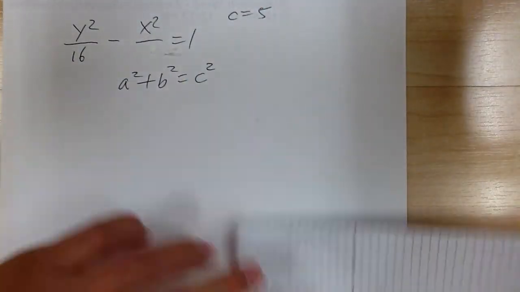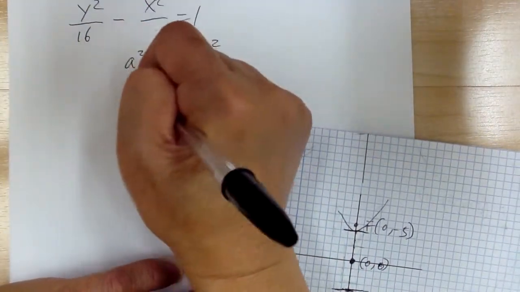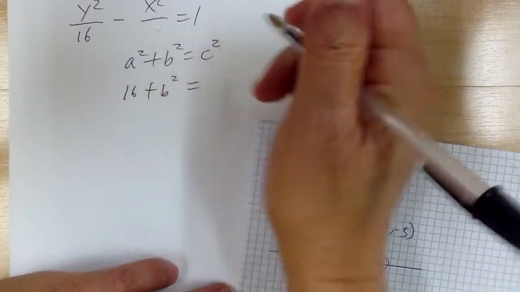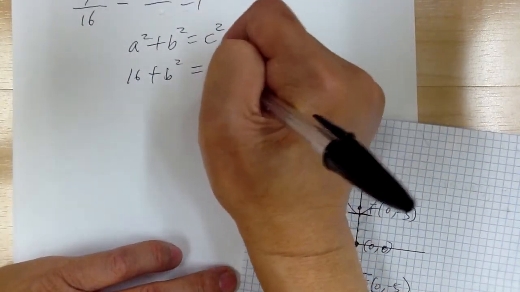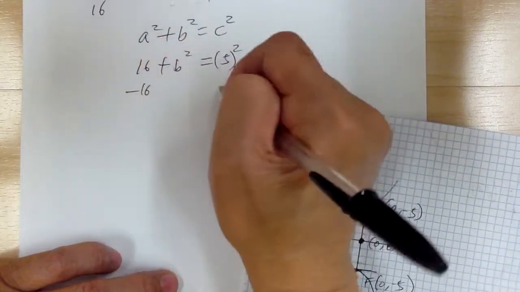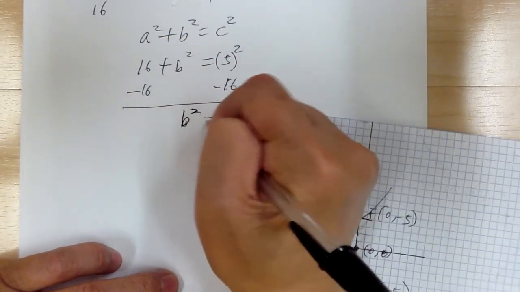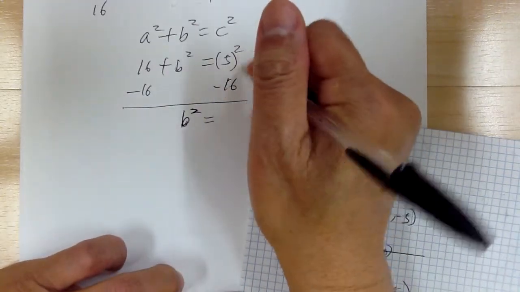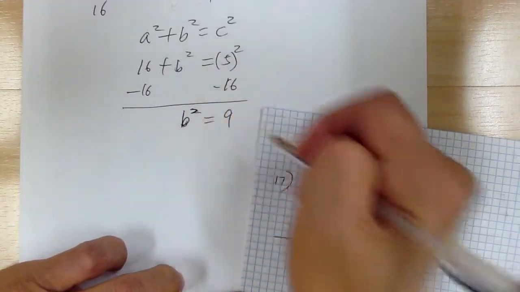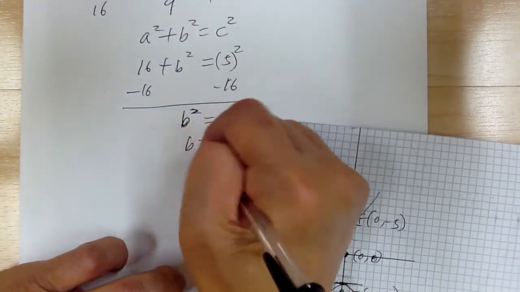So substituting here, you're going to get 16 plus b squared equal to 5 squared. And if you minus 16, b squared is equal to 9. Okay, so that's 9 right over here. Remember, that's b squared, right? So b equal to 3.